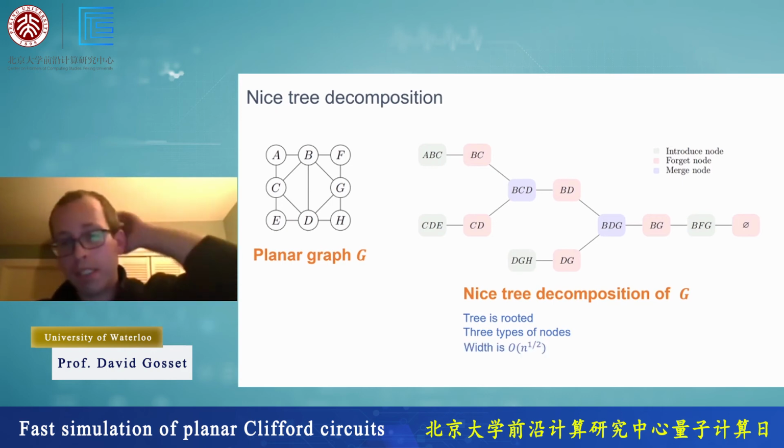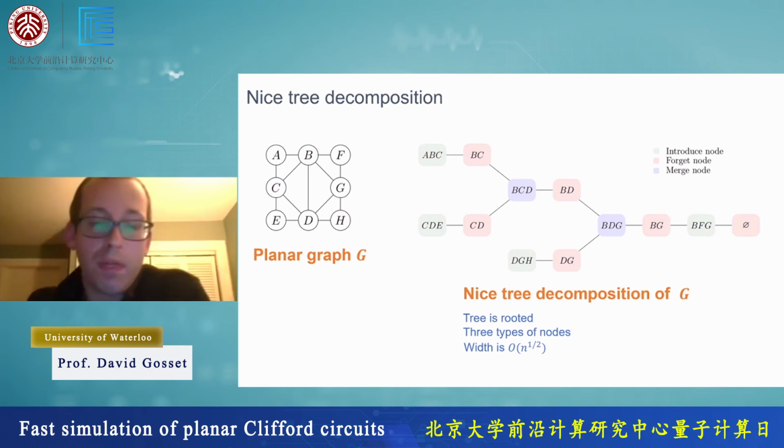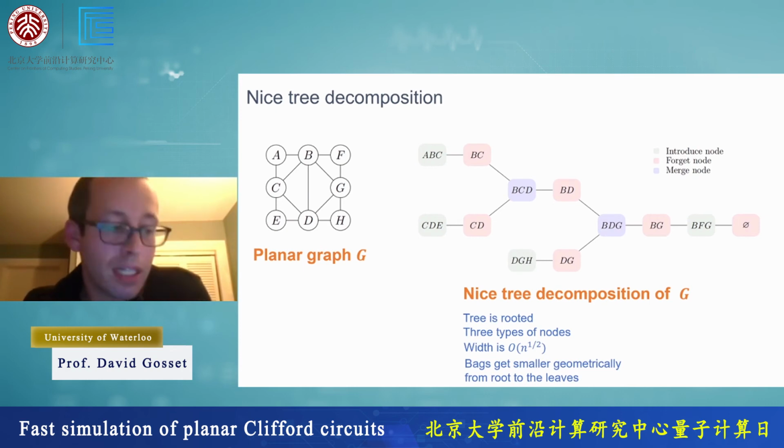The nice tree decomposition of a planar graph, again, will have width order root n, and it also has the feature, which comes from the divide and conquer way that it's constructed, that the bags get smaller in a geometric fashion from the root to the leaves.